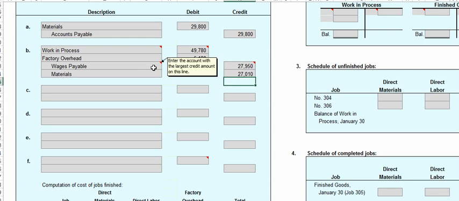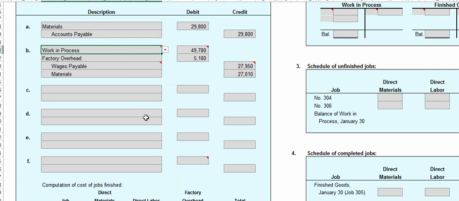So let's go back through this one. This one gets missed on the homework and on the test, probably more than any of the rest. You want to debit work in process for all the materials and all the labor used on specific jobs. So on jobs 301 through 306, you want to add up everything in the materials column and everything in the factory labor column. That's this number.